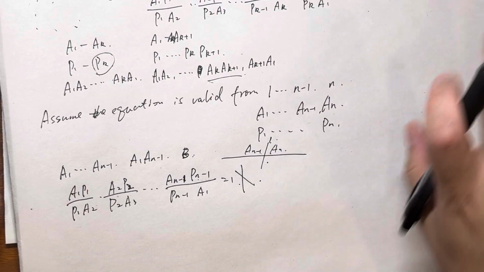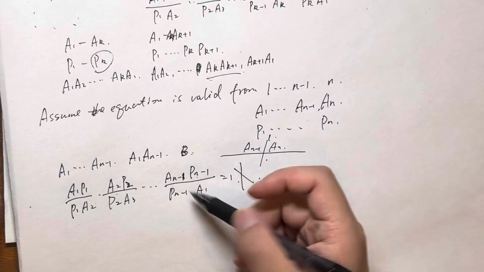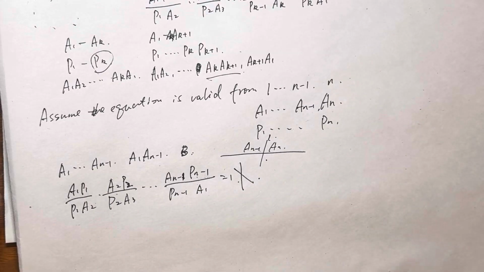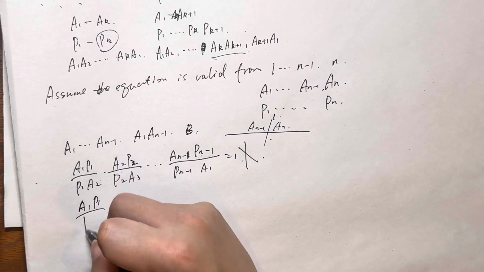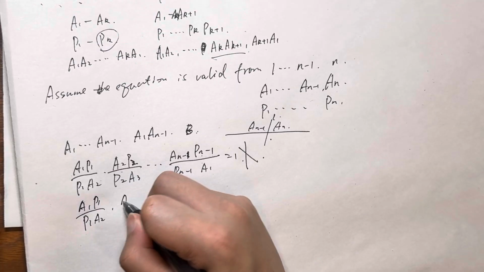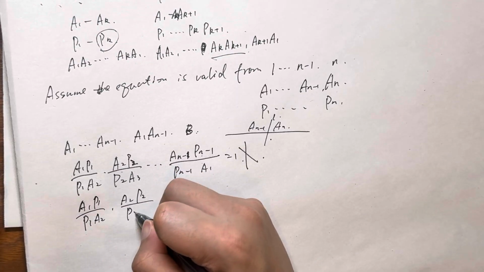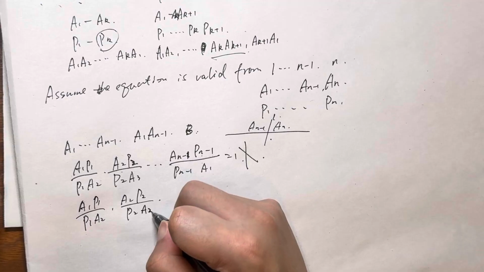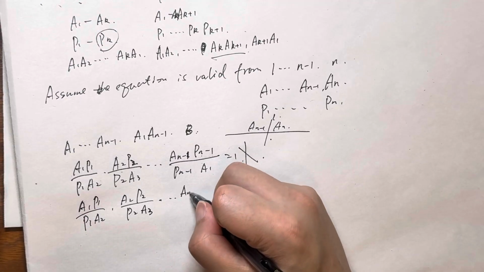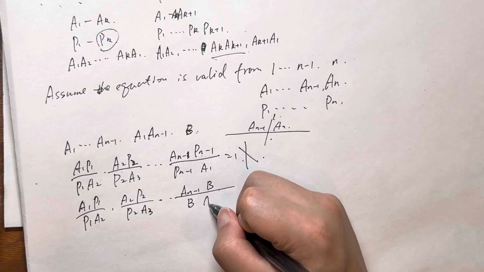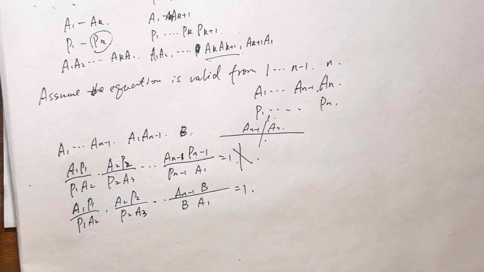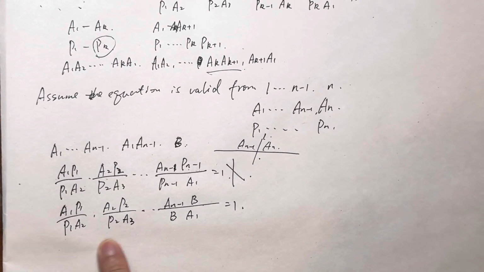Which An should not occur in this equation. So the equation should be A1 P1 to P1 A2 times A2 P2 to P2 A3 all the way to An minus 1 B to B A1 equals to 1. Yeah, that's the correct equation, right?